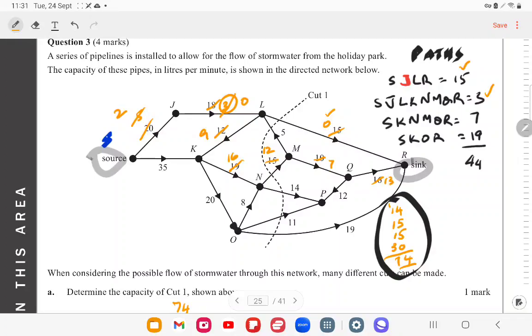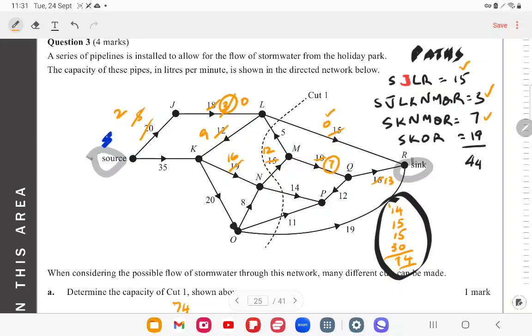So the next path that we look at is SKN, because all these pipes still have a capacity, MQR. So along this path, as you can see, 7 is the smallest value.